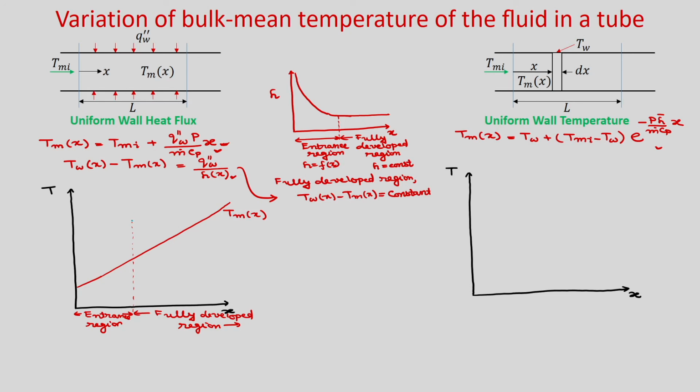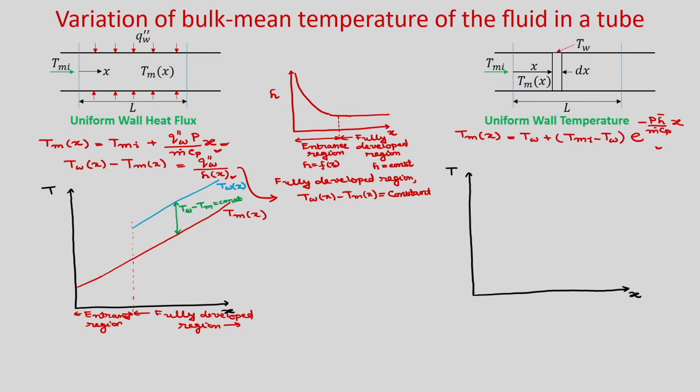So, your T w also will vary linearly, okay. So, this is your T w of x, and you can see that this difference in fully developed region is constant, T w minus T m is constant, okay.